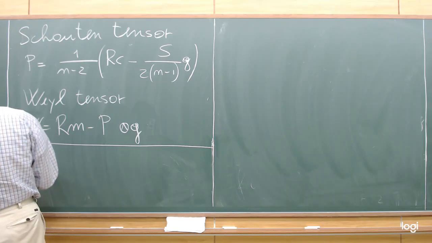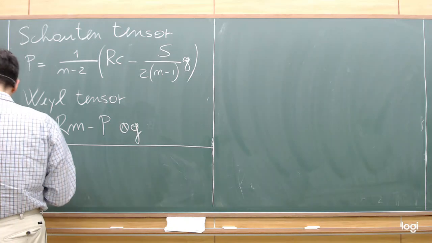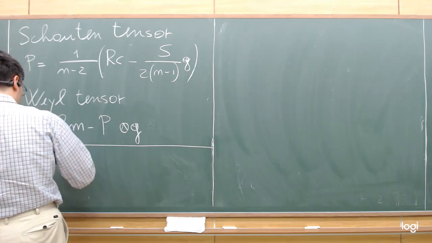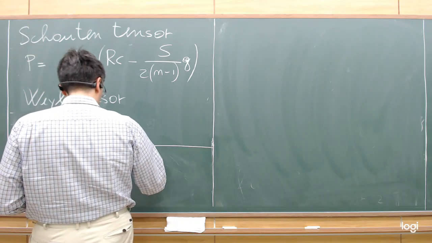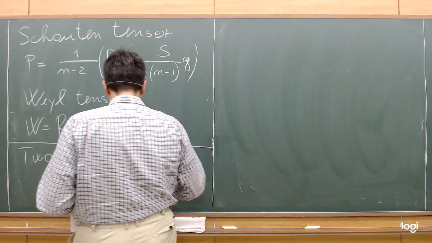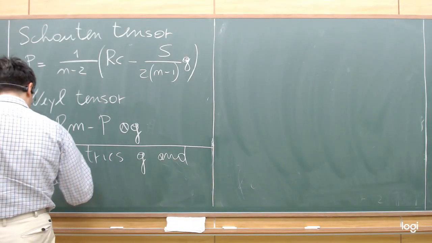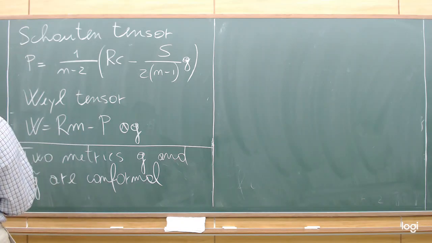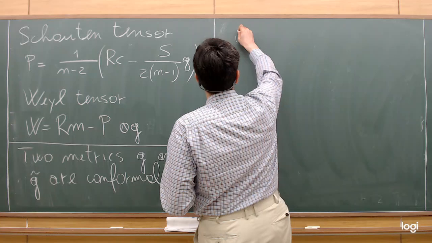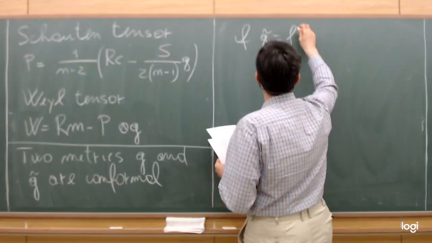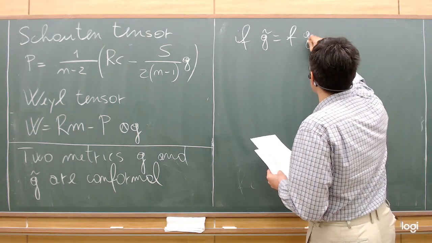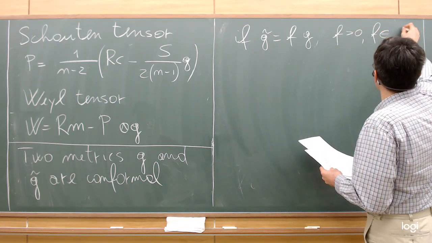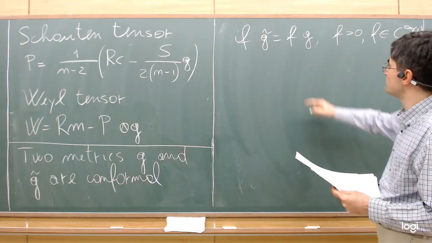So we say that two metrics G and G tilde are conformal if G tilde is equal to the product of a smooth positive function f times G.